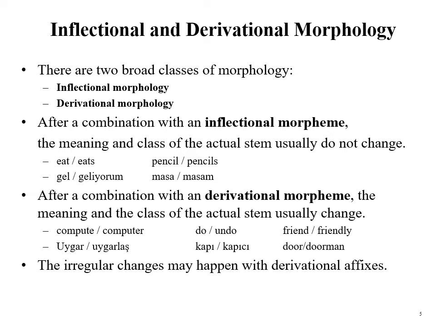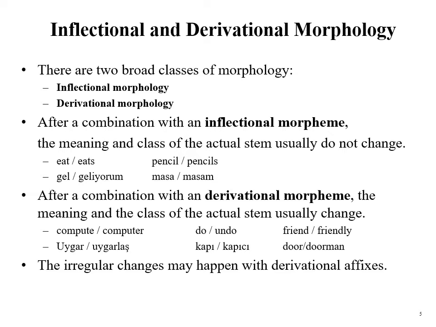So when you are taking the word eat, its inflectional form will be eats. And if you are taking the word pencil, its inflectional form may be pencils. Gel's inflectional form is geliyorum. Gel means come, and geliyorum means I am coming in English.